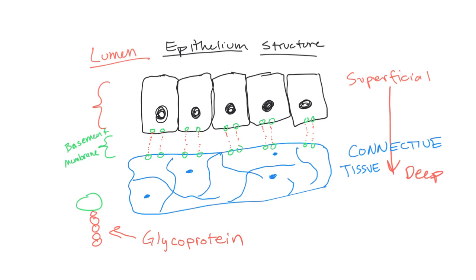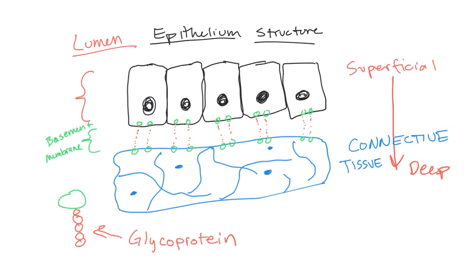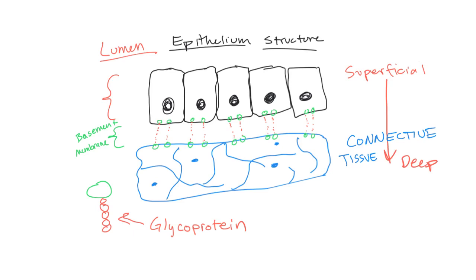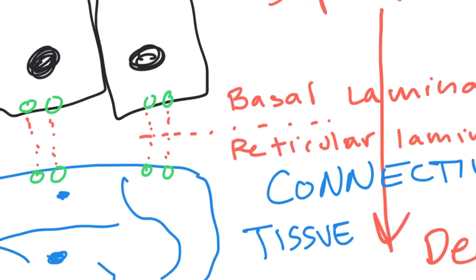All right, and so we can separate these two into the basal lamina from the epithelial tissue and the reticular lamina from the connective tissue.